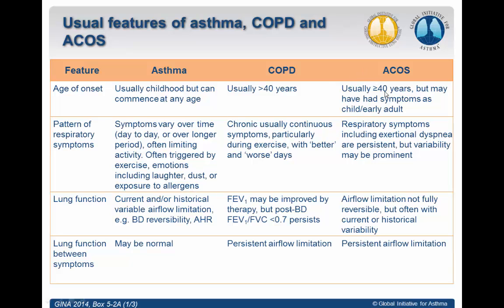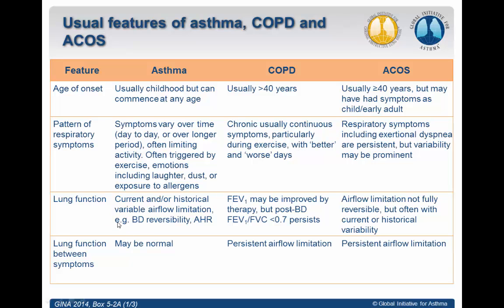I mean, not elderly, but an older adult. Respiratory symptoms in asthma, remember, vary day to day, and tend to be worse at night and upon awakening, and also with exposure to allergens. In COPD, it is continuous and worse with exercise, and when they coexist, they also have the same pattern as COPD.